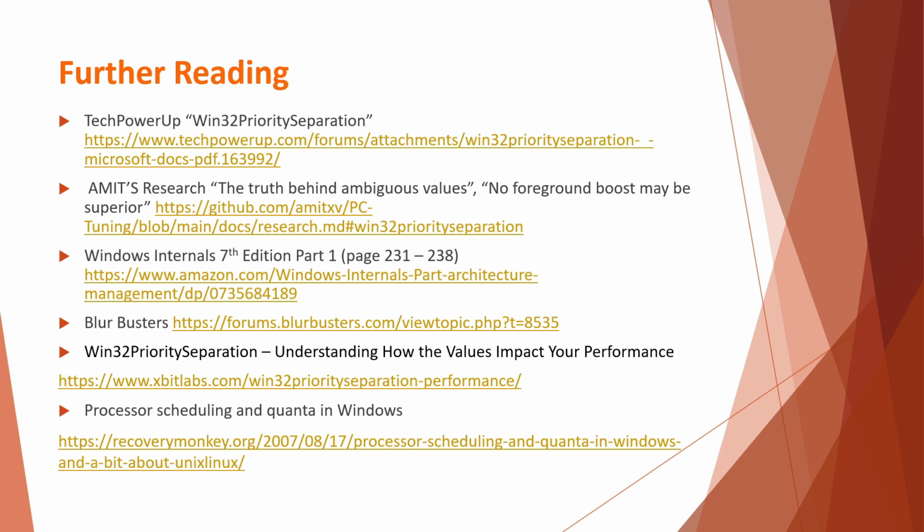You can just read the pages that talk about the topic. There is a Blur Busters link talking about the Win32 priority, and you can read xbitlabs.com, which also did a very good job about Win32 priority. And lastly, Processor Scheduling and Quantum in Windows, another article about this topic.